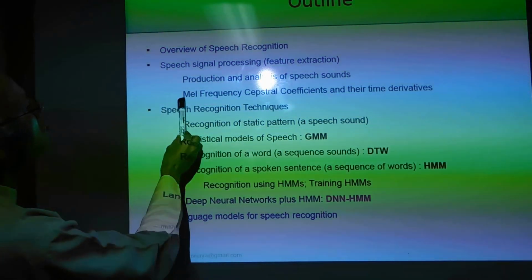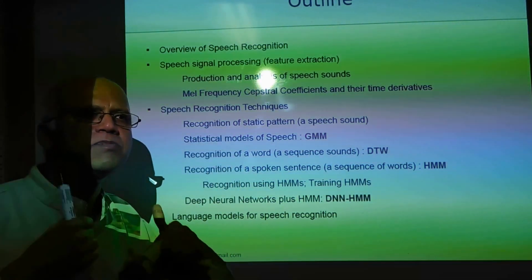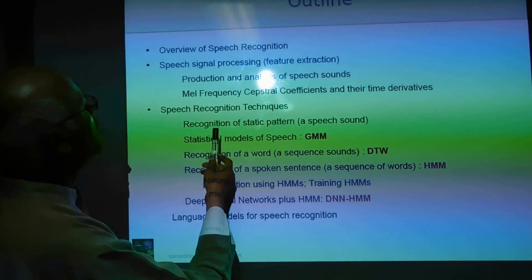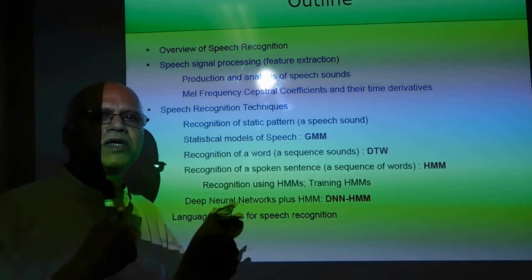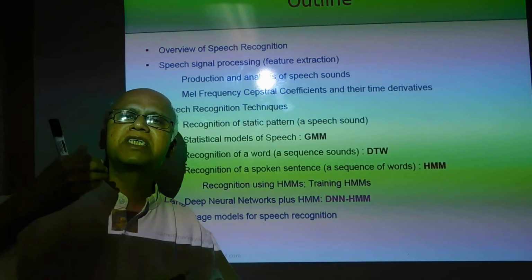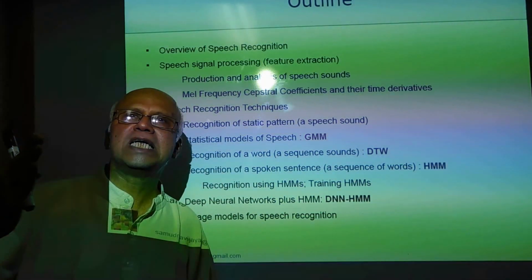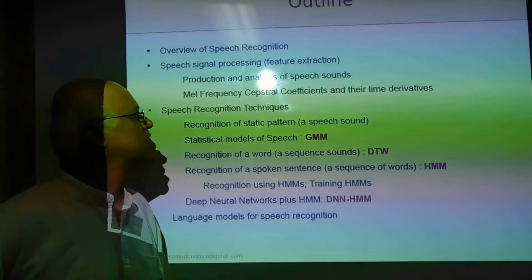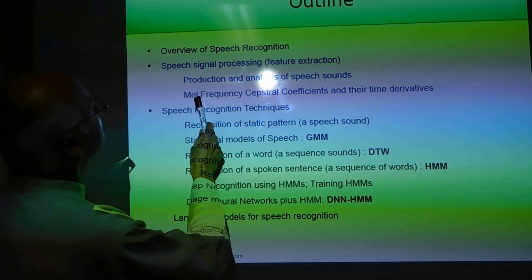Initially, I will talk about the processing of the speech signal, which is an audio signal, to extract information from the speech signal, the information that is useful for recognizing the sequence of sounds, that's the speech.